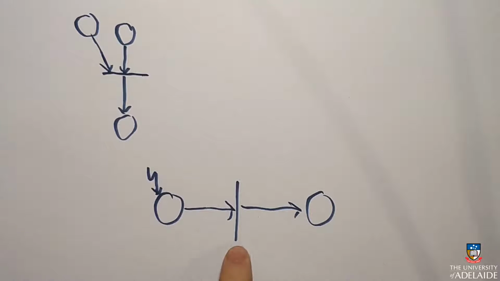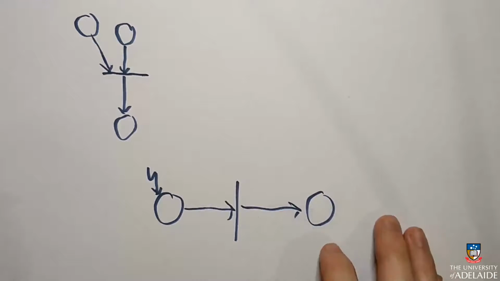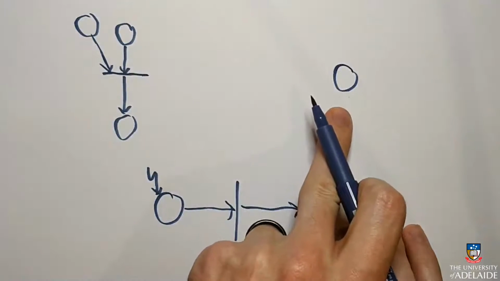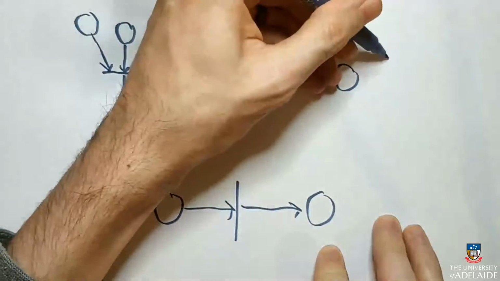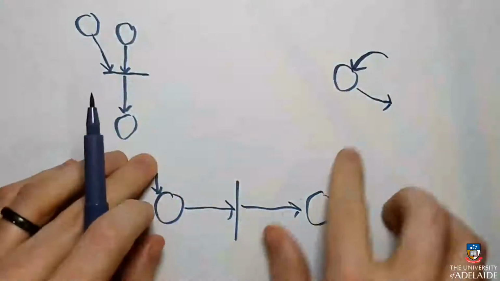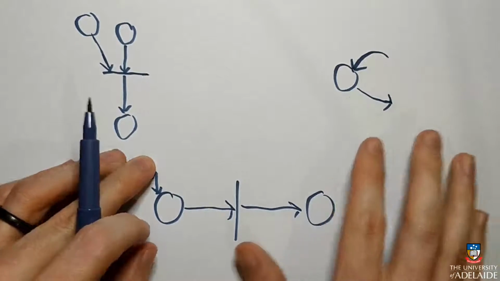Let's say this transition should only be enabled when there is a train in some other section of track. Let's say that this over here represents that other section of track, and we'll just add arrows in here that represent a train coming in and a train leaving at some point.